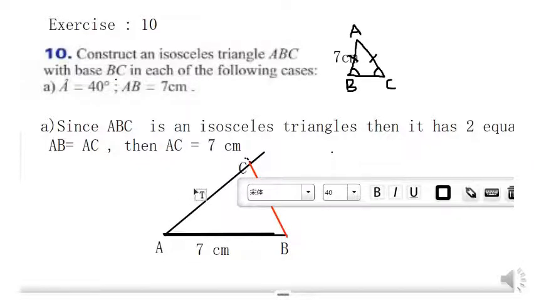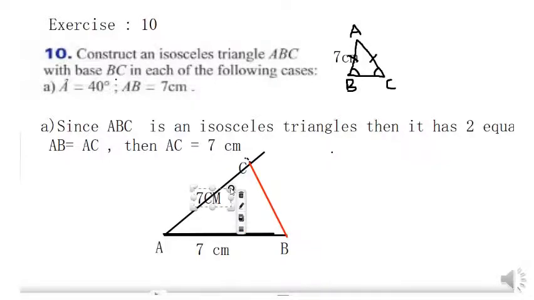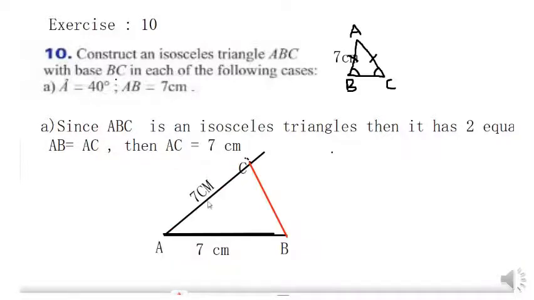Okay, look, in this case BC is still the base, but it's a side. And we have two equal sides, which are AC and AB, and the measure of angle A is 40 degrees. I have two equal sides, I have to mark them, and one included angle which is equal to 40 degrees.